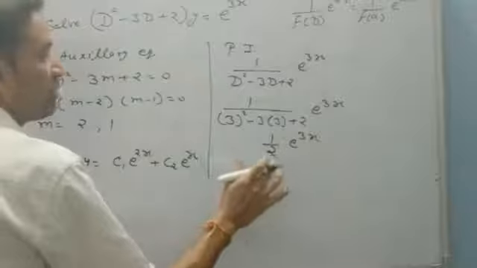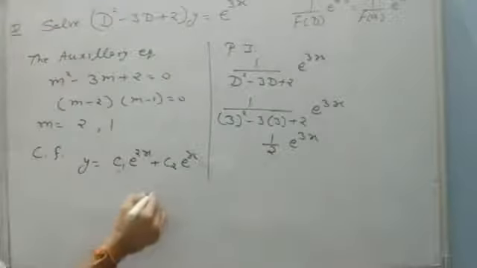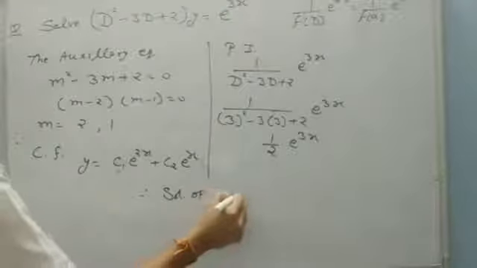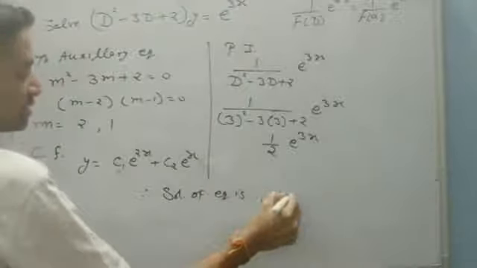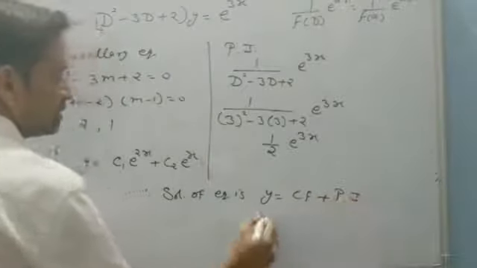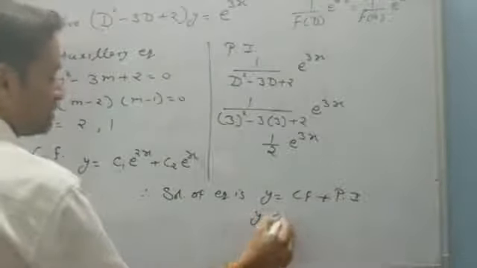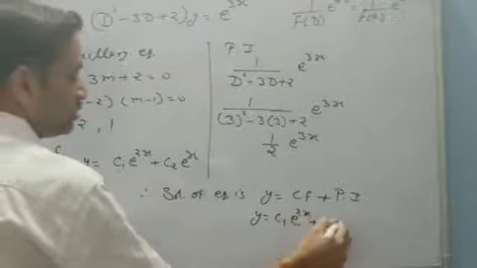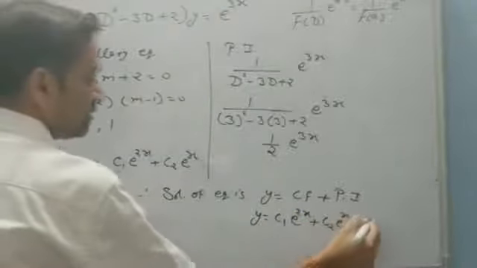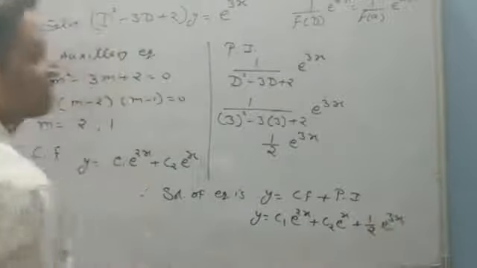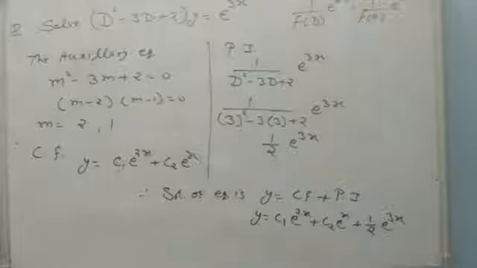This is our particular integral. Therefore, the solution of the equation is y equals CF plus PI. It means y equals c1 e to the power 2x plus c2 e to the power x plus 1 by 2 e to the power 3x. This is our required solution for the given equation.